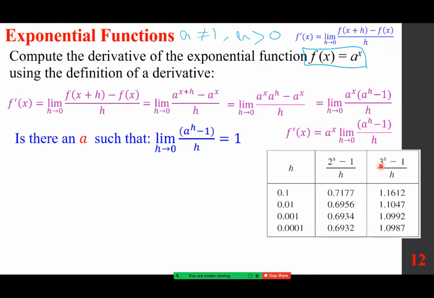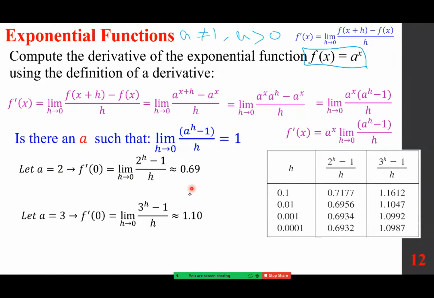Let's do this to number 3 also. Seems to go to 1.10. Therefore, you say this column gives rise to, if a is 2, f prime of, by the way, this is also f prime of 0, we discussed that, gives rise to this limit to be 0.7 or 0.69.